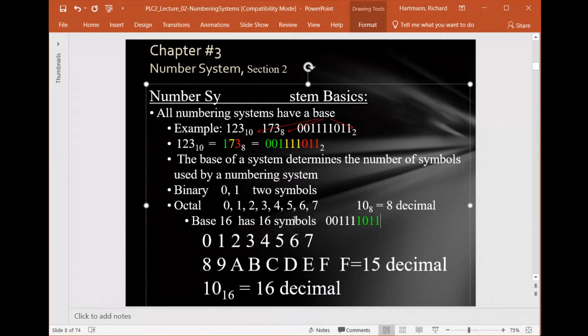So these 4 bits is, let's see, 8 and 3 is 11.